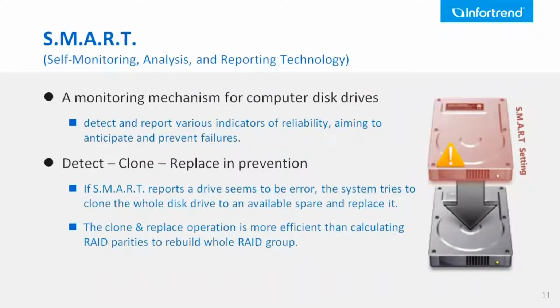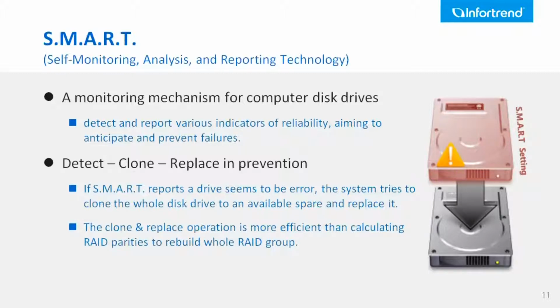To be more specific, our mechanism triggers clone and replace after a SMART event has been received. Without this clone and replace mechanism, one drive failure makes the RAID start to rebuild, which impacts the performance. With clone and replace, it automatically starts the clone and replace process, cloning the data to an available spare drive, then replacing the failed one.